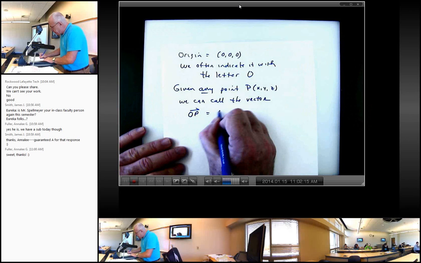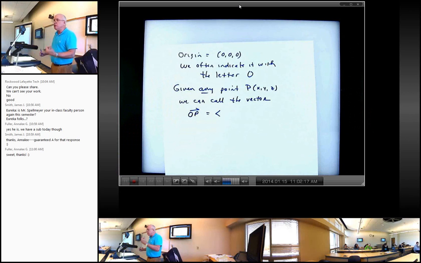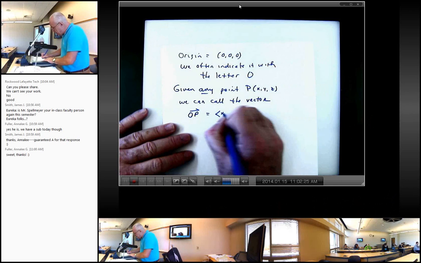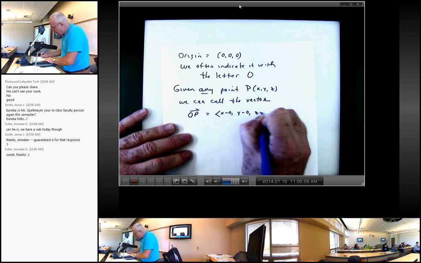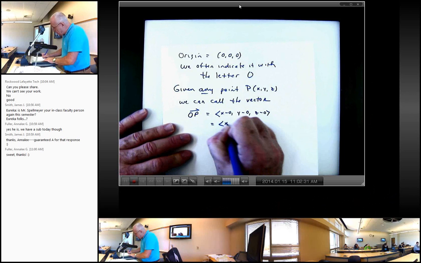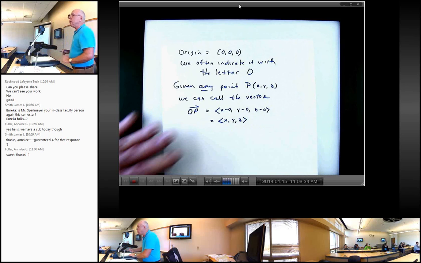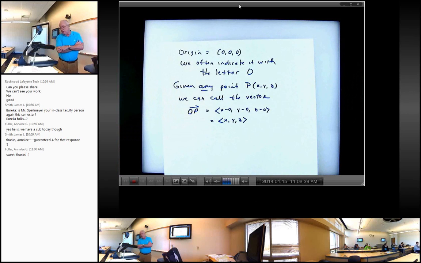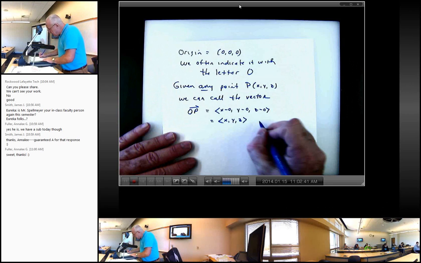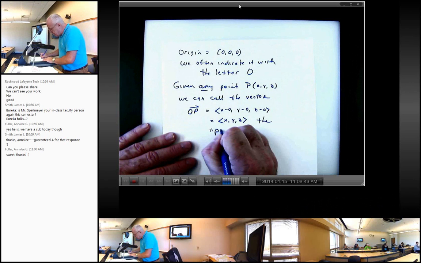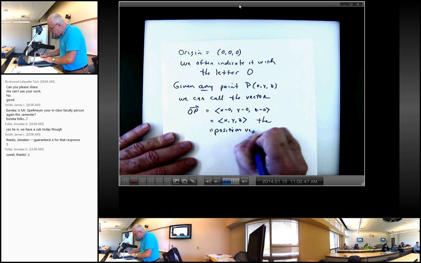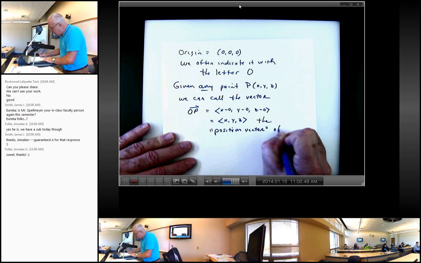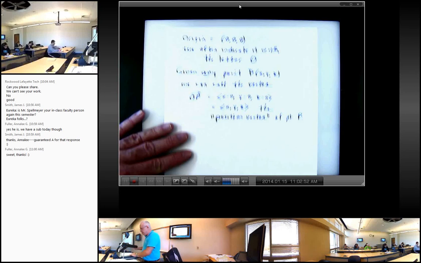And that is going to be X minus 0, Y minus 0, and Z minus 0, right, when we're going from one point to another. So this vector is just our X, Y, and Z coordinates. But it's a vector. We call this vector the position vector of point P.